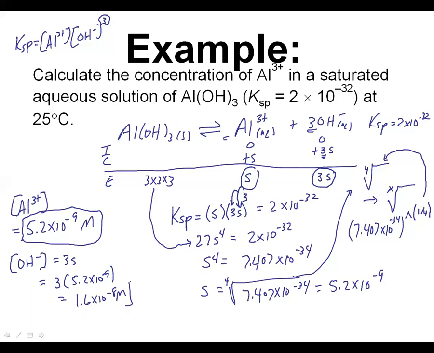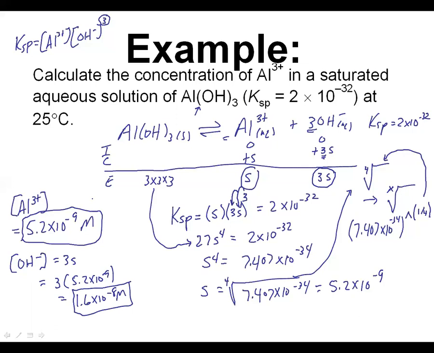Again, that wasn't asked for. But if we want to know the molar solubility of aluminum hydroxide, it would be the 5.2 times 10 to the minus 9, the molar solubility of the whole thing.